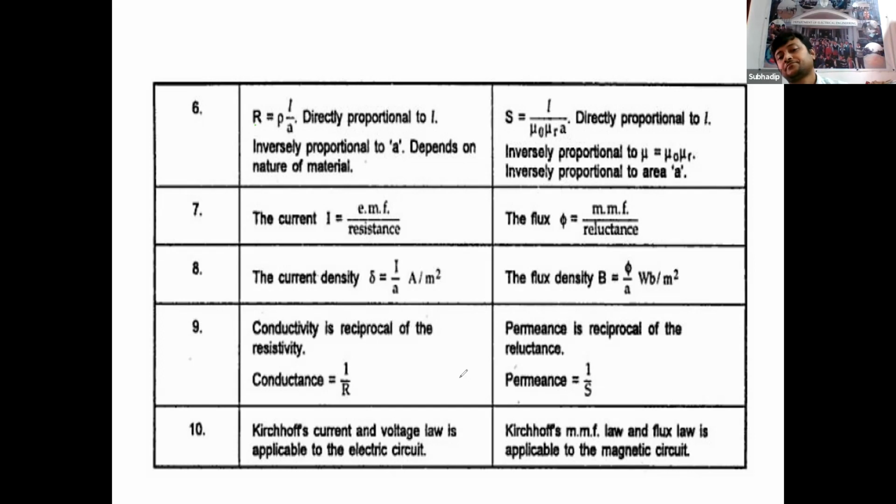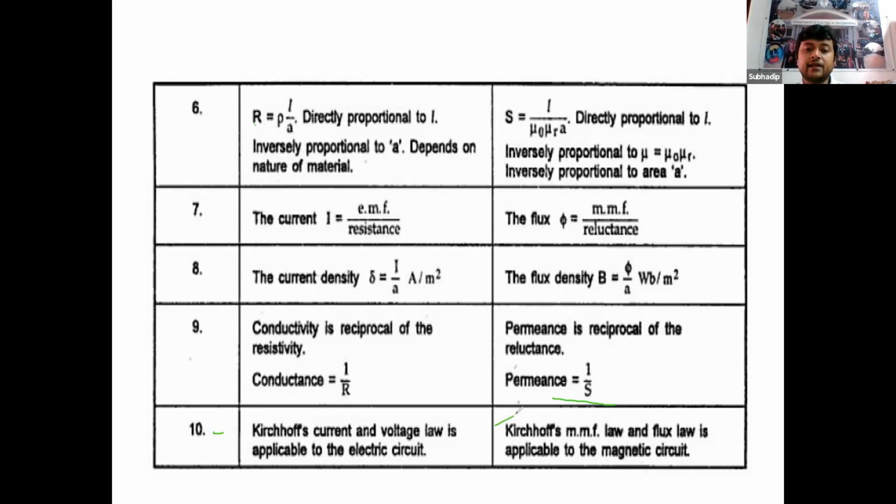In the magnetic circuit, permeance is the reciprocal of reluctance. So if the reluctance is given by S, the permeance will be given by 1 by S. Now, in the electrical circuit, number 10, Kirchhoff's current and voltage laws are applicable to the electric circuit.